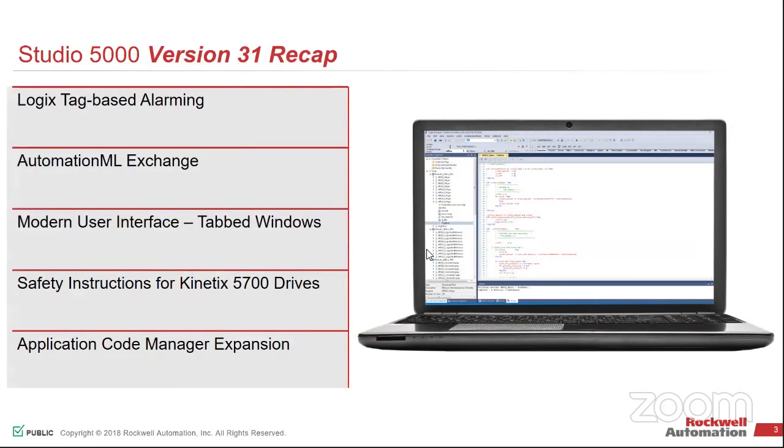We also went through a modernization of the user interface with version 31 that continues, and with 32 there are some new things there. Some safety instructions have been added for the Kinetix drive, and Application Code Manager has been expanded some.